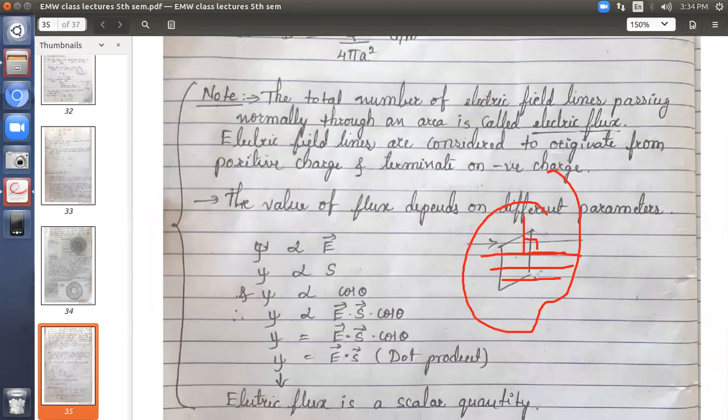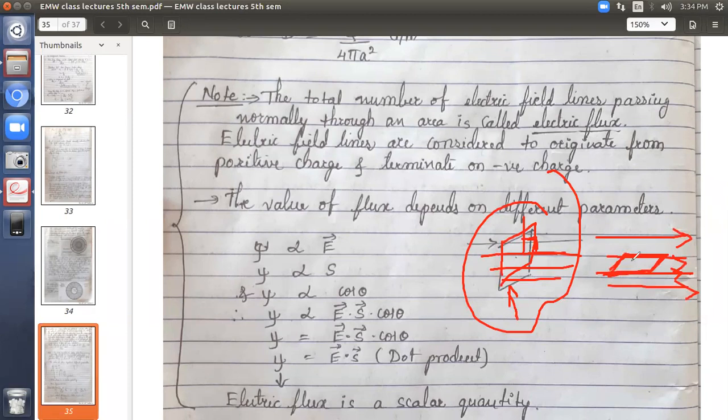If I just reverse this case, these are the electric field lines, the flux lines passing through an area, and the area I will keep horizontal. In the first case, the area kept was vertical, 90 degrees difference. In this case, we get maximum flux.